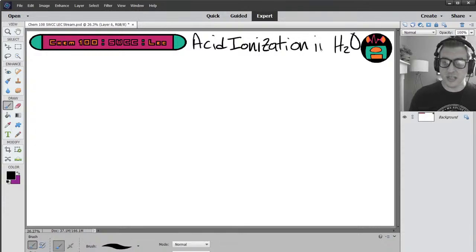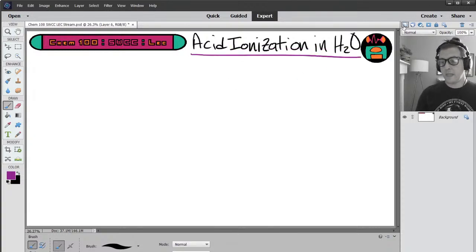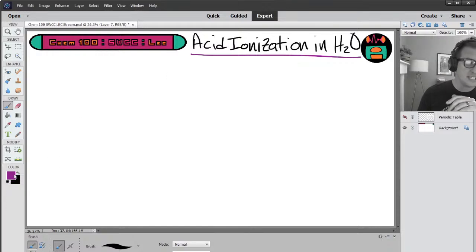And we use this reaction as a way of measuring how strong an acid is. Well, what is an acid ionization in water?